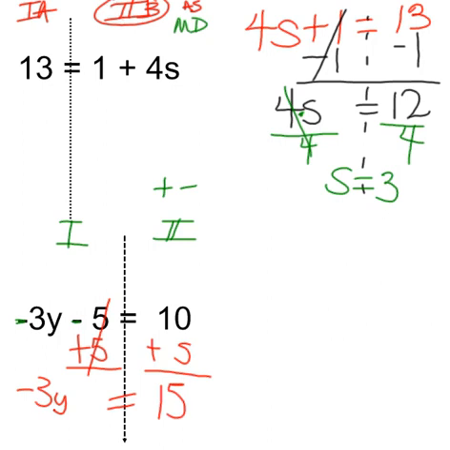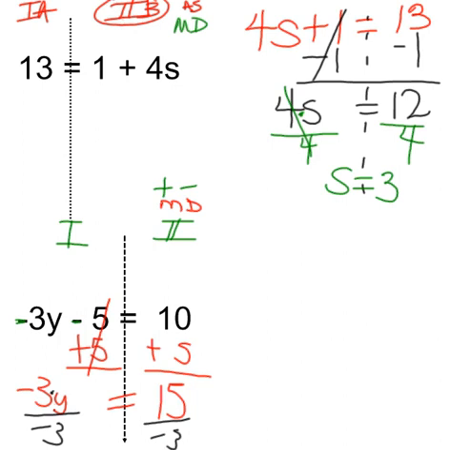My last step is to multiply or divide. Here I have negative 3 times y. I want to undo times, so I'm going to divide on both sides by a negative 3.